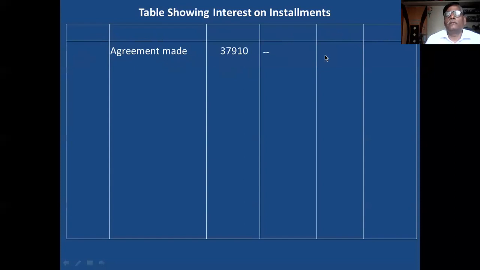You take the cash price, then principal is 4,600. First 4,600 is paid on signing the agreement.